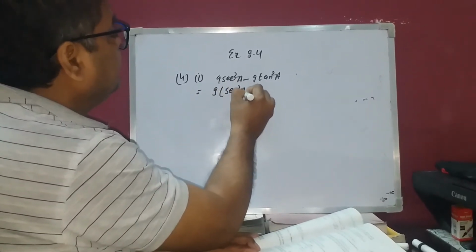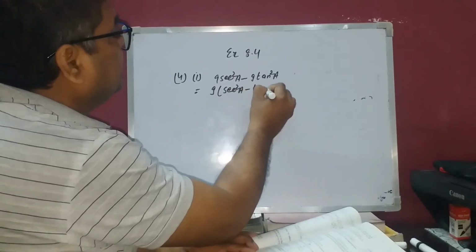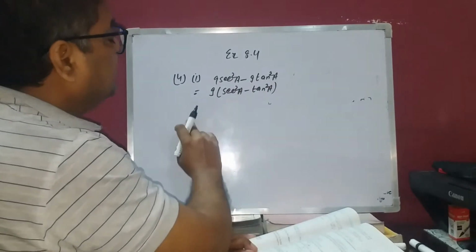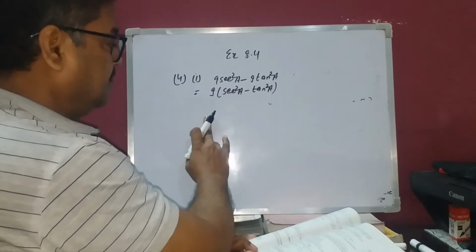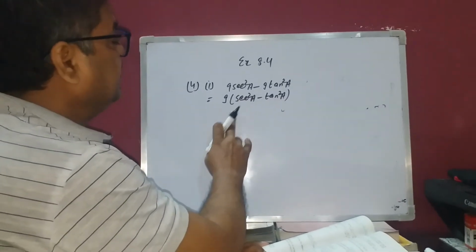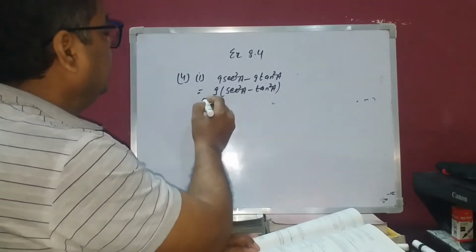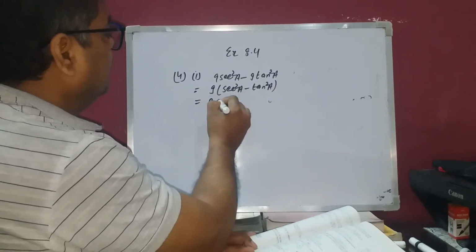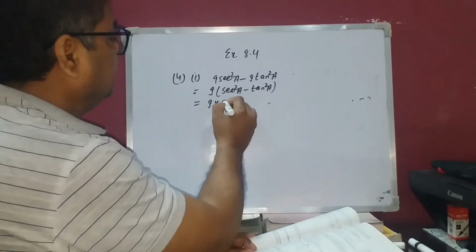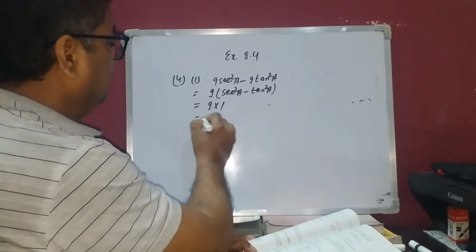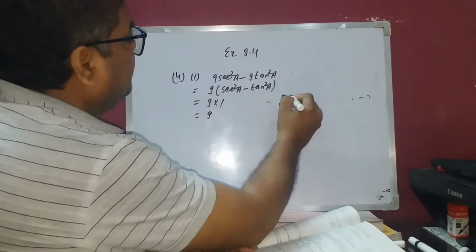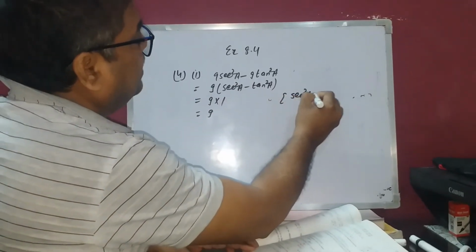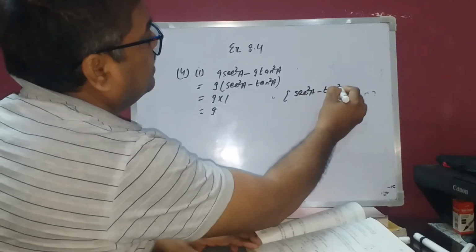We will write here sec square A minus tan square A. After taking common, you are getting a trigonometrical identity here, and you know sec square A minus tan square A is equal to 1. So it becomes 9.